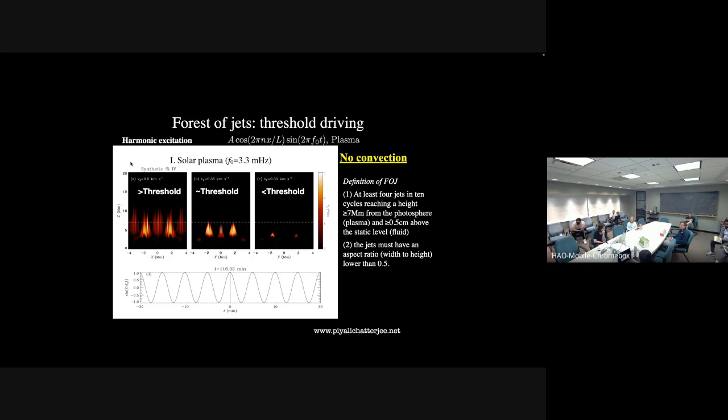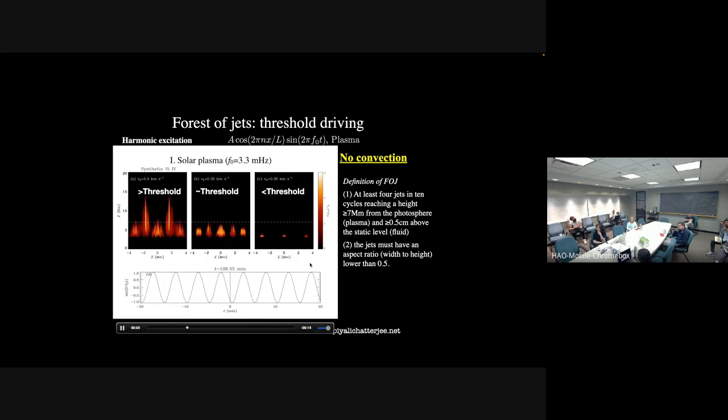So for example, this is again that solar atmosphere in X and Z, where Z is the vertical direction, and we are applying a harmonic forcing, which is like this. And you will see that the rightmost one, if I run this, okay, let me first define what the forest of jets is.